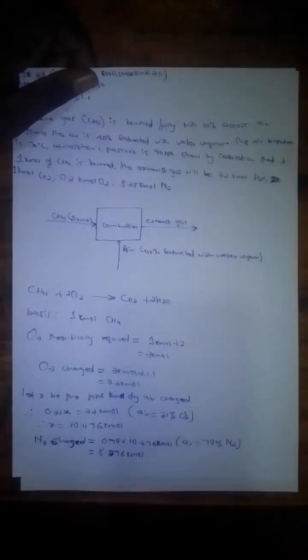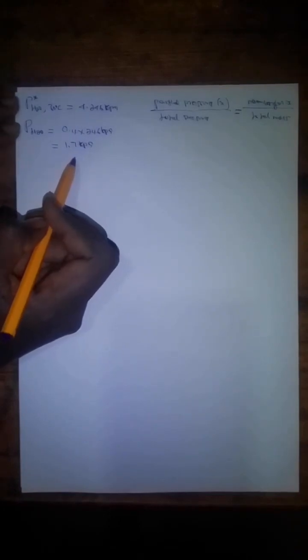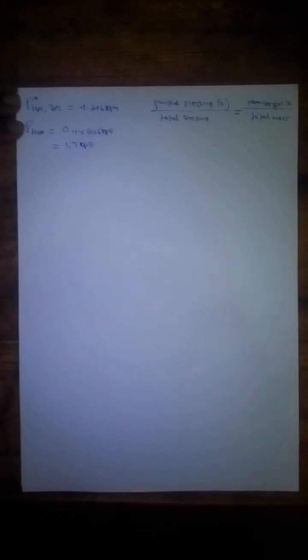So this 90 kilopascals includes everything as far as the air is concerned when it's mixed with the water vapor, right? So if we know that the partial pressure of H2O is 1.7 kilopascals, then we can just do some simple arithmetic.